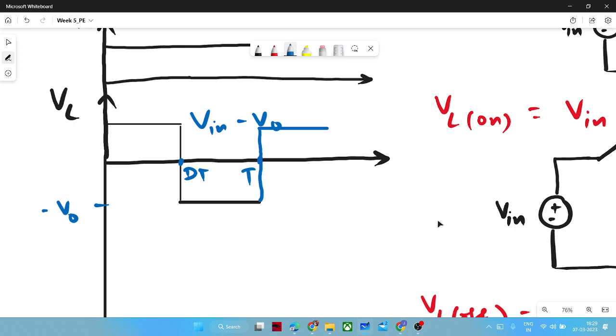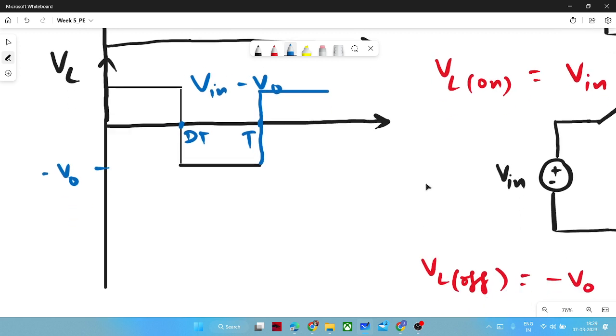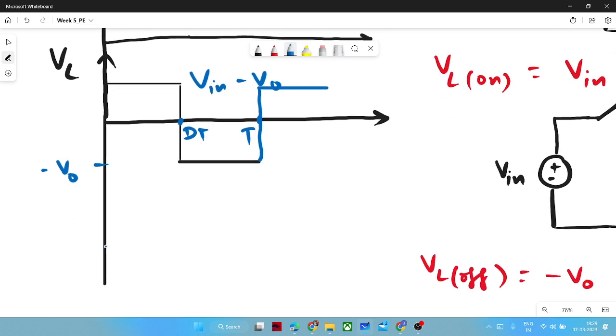Now, as we have drawn the voltage waveform, we can easily judge the inductor current waveform. Let us assume the inductor has some initial condition. It will start from some particular value and it will discharge to the same value.